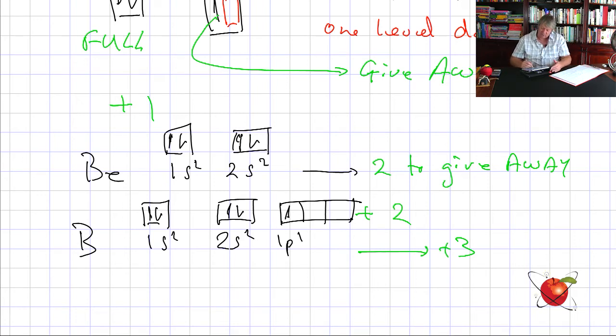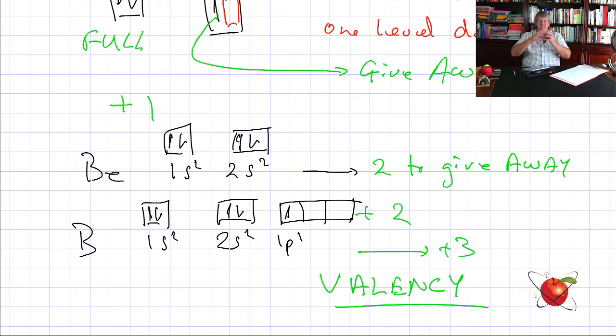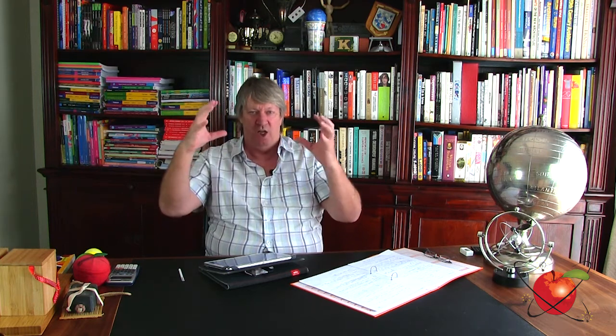This is called valency. We're going to talk about valency and valency electrons in a few minutes when we do the actual orbitals coming together. But just for the moment, that's what we're talking about here. So just to recap, first of all, we must go into level 1, then level 2, level 3, level 4, level 5.